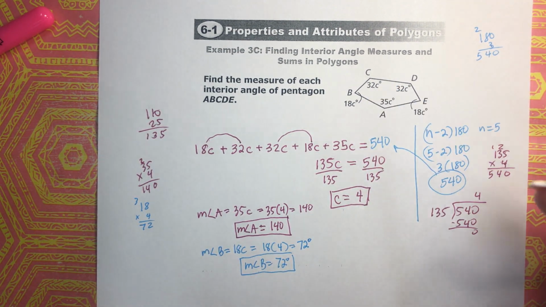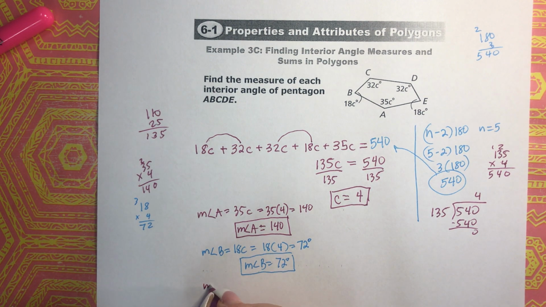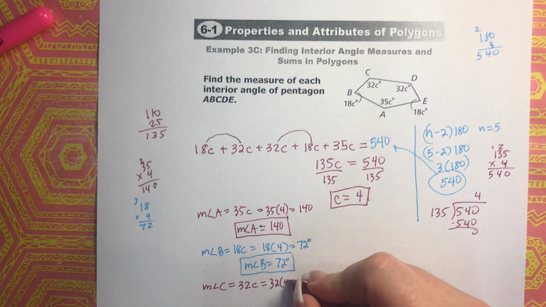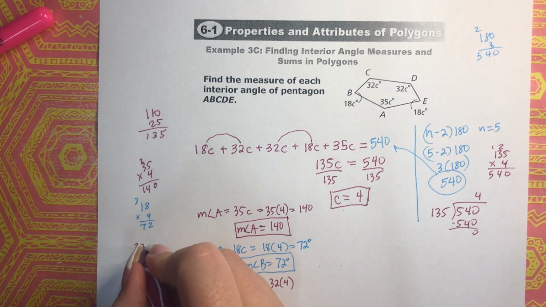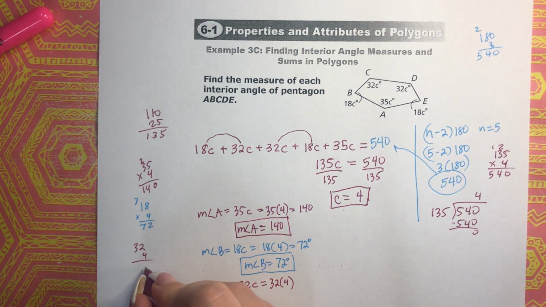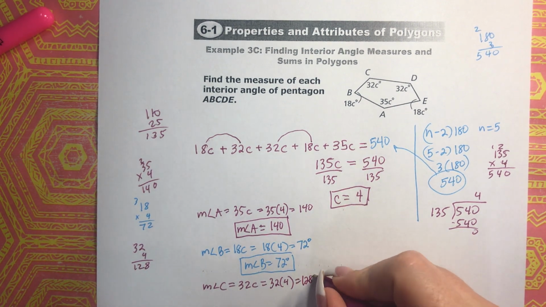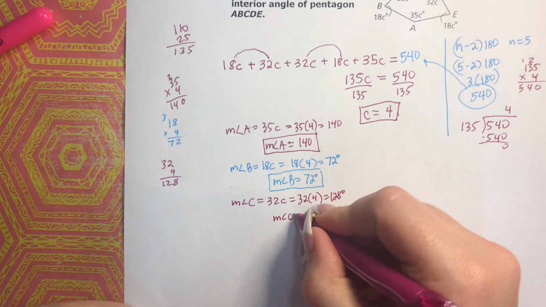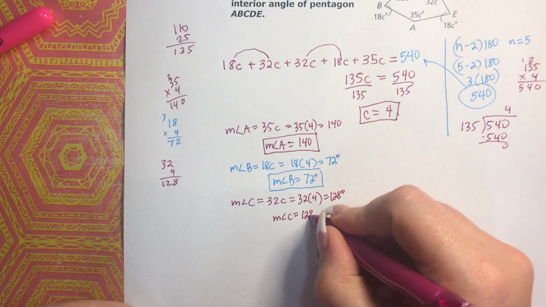So C, the measure of angle C is going to be 32C. So it's going to be 32 times 4. Not sure what that is. 4 times 2 is 8. 4 times 3 is 12. 128 degrees. So we have the measure of angle C equals 128 degrees.